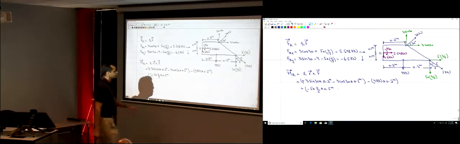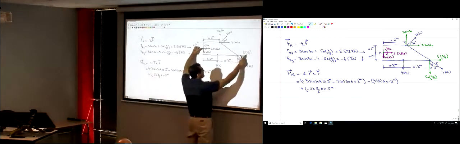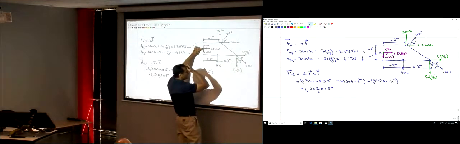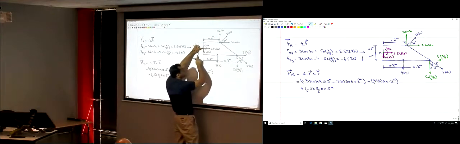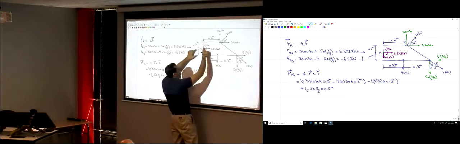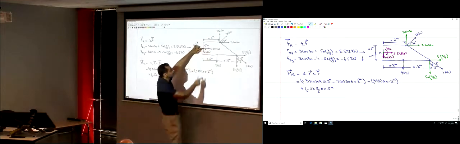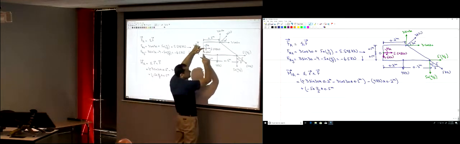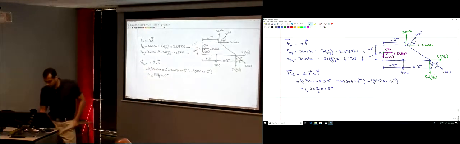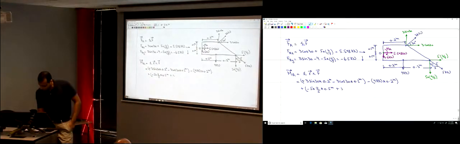And then this force, what's its ability to rotate this object about point O? No, not 0. It's not passing through point O. There is a distance between this force and point O. It's 0.1. It's rotating it in what direction? Counterclockwise, so it's positive. 5 multiplied by 3/5 times 0.1 meters.